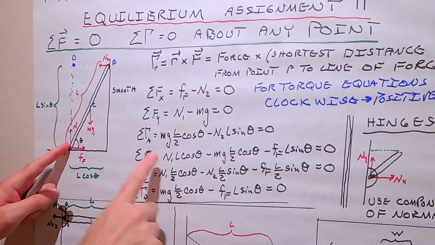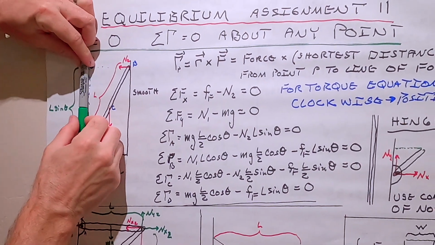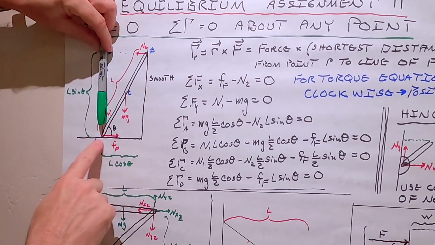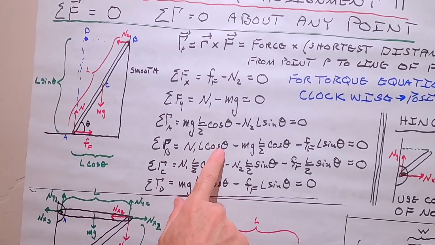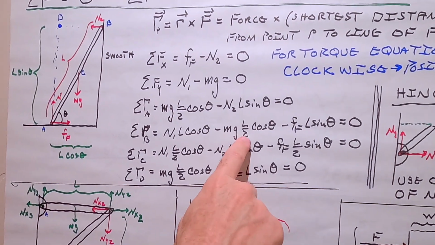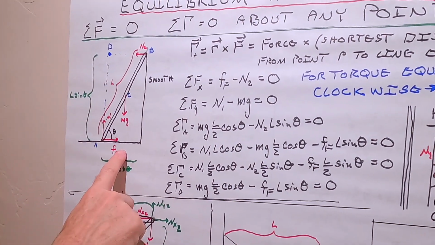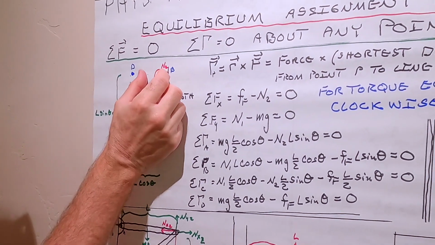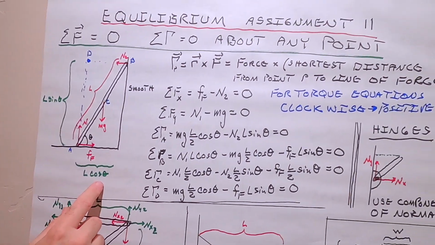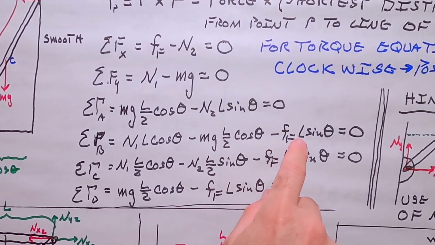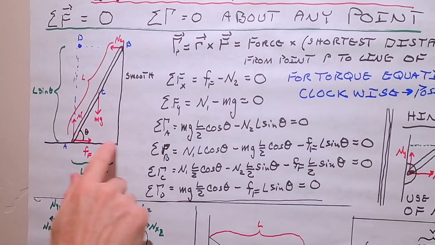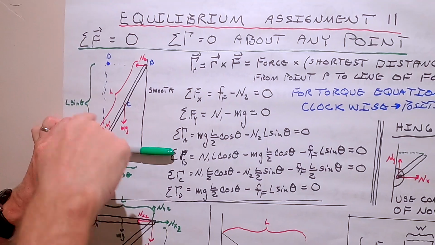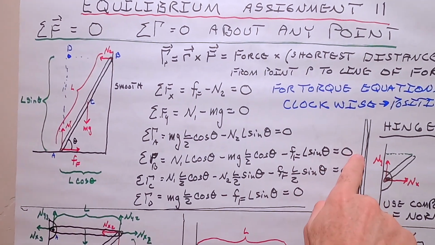So we have N1 times the shortest distance between that line and that point, which is that distance, L cosine theta, N1 L cos theta, minus mg, which is going around this way, times the shortest distance between this line and that point, which is half an L cosine theta, minus the friction, which is going around this way, times the shortest distance between this line and that point, which is this distance, L sine theta, equals 0.